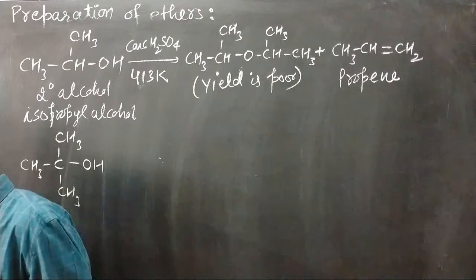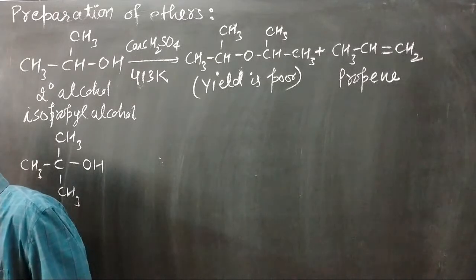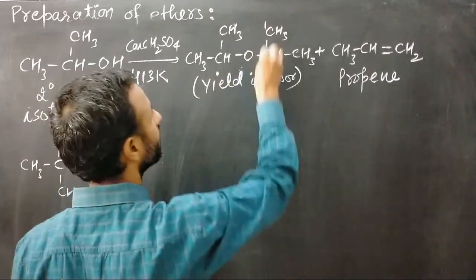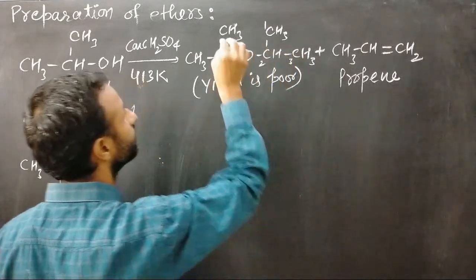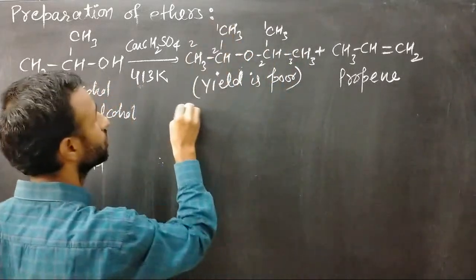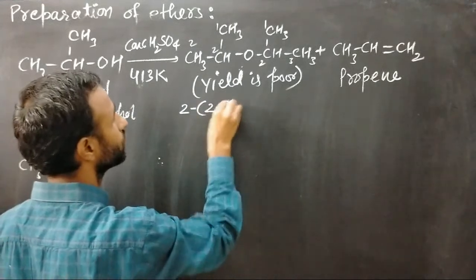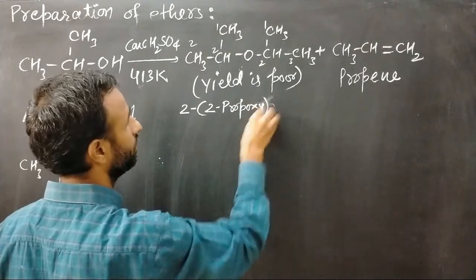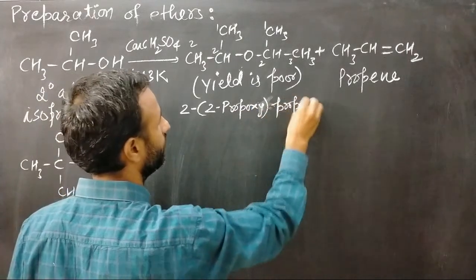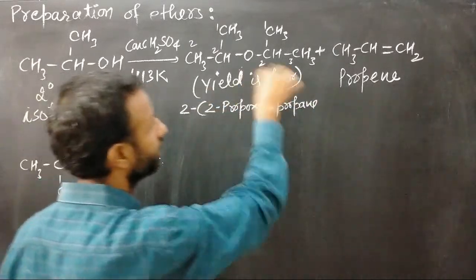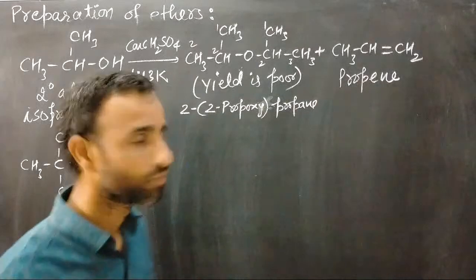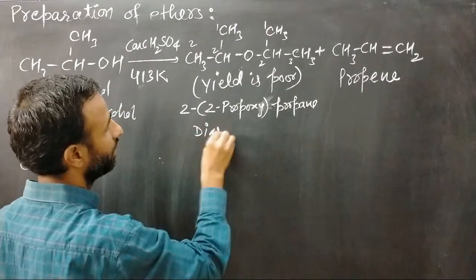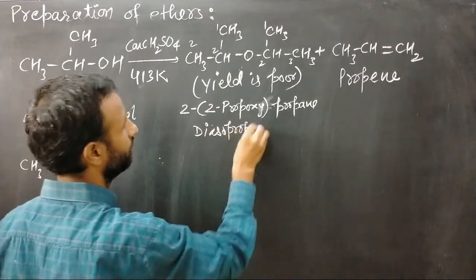Yes, yes. Fast. Very good. 2-propoxy. It is 1, 2, 3, right? 1, 2, 3. It is 2 and 2-propoxy propane. 2 and in the bracket 2-propoxy. This is 2-propoxy propane, or we can say di-isopropyl ether.